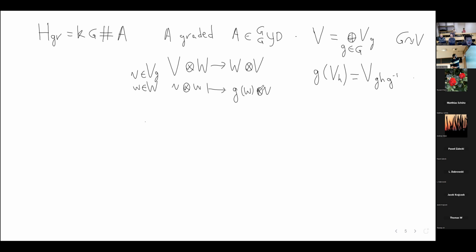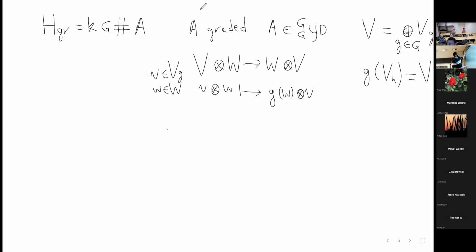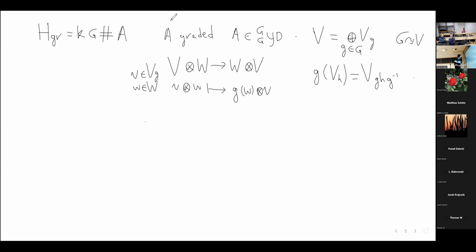Okay, and then, as we said, we have a graded algebra here. And I also have the property that it's connected, by which I mean that A0 is equal to k, just a ground field.